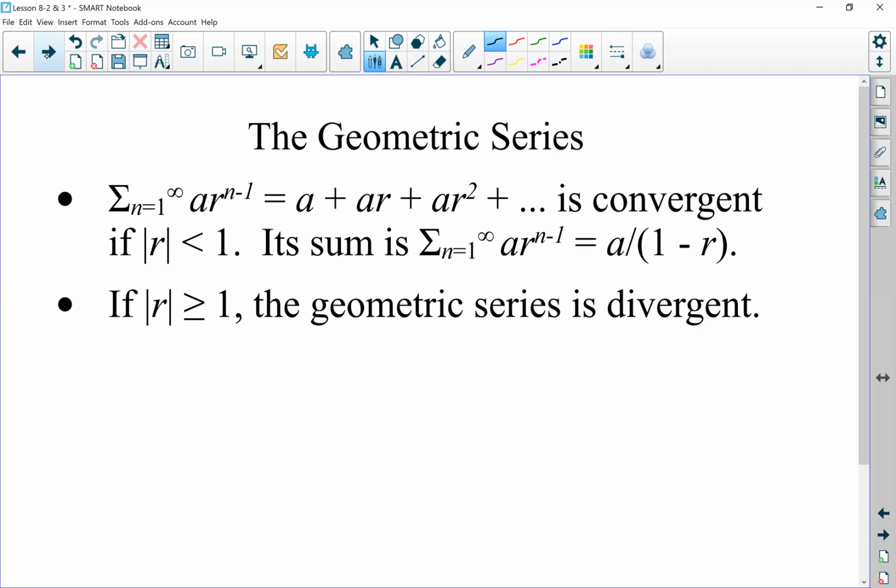If the absolute value of r is greater than or equal to 1, the series is divergent and we cannot find the sum of that infinite series.